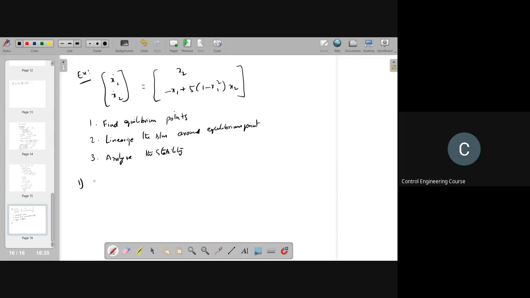The equilibrium point is x dot equal to 0. That means x1 dot equal to 0 implies x2 equal to 0, right? Now x2 dot equal to 0 implies minus x1 plus 5 into 1 minus x1 square x2 equal to 0. Since x2 equal to 0, then minus x1 equal to 0, right?